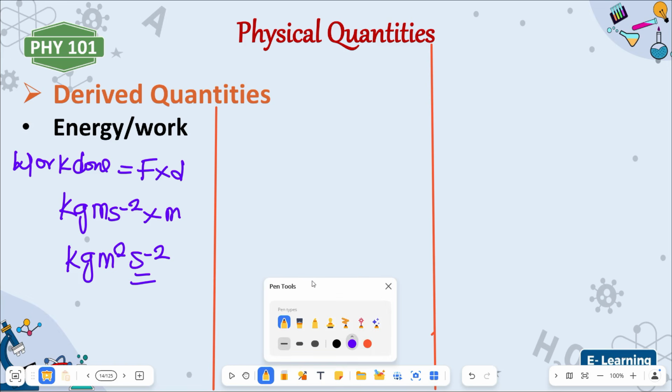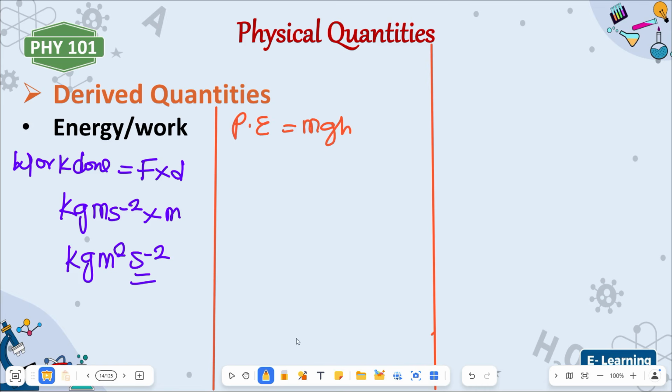Alright? Then coming to energy. Energy can be in two forms. You can have potential energy, which is equals to what? mgh. Now, what do you think will be the unit of this thing? Potential energy is mgh. So for potential energy, m is mass. The unit is kg. g is acceleration due to gravity, which is also what, my dear student?